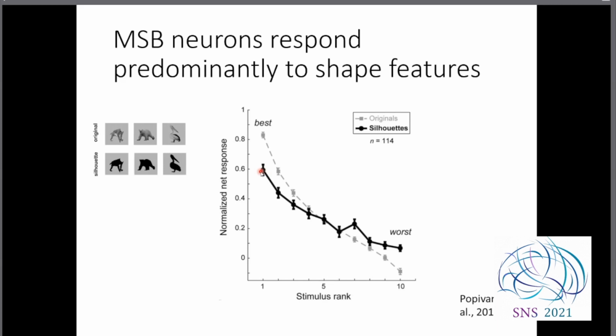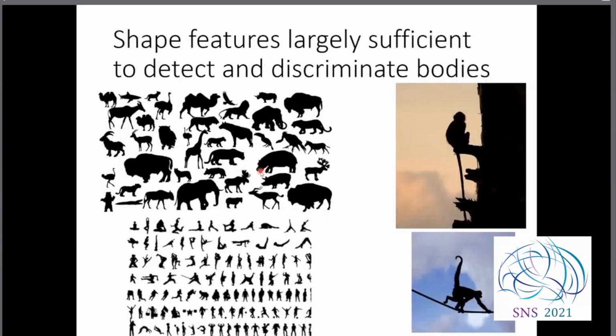At first we found it surprising, but maybe it's not that surprising, because as you can see here, shape features and silhouettes are largely sufficient to detect and discriminate bodies, and body posture. You can recognize that this is a monkey. This here is even a different species of monkey, and you can recognize different postures just by the silhouette.